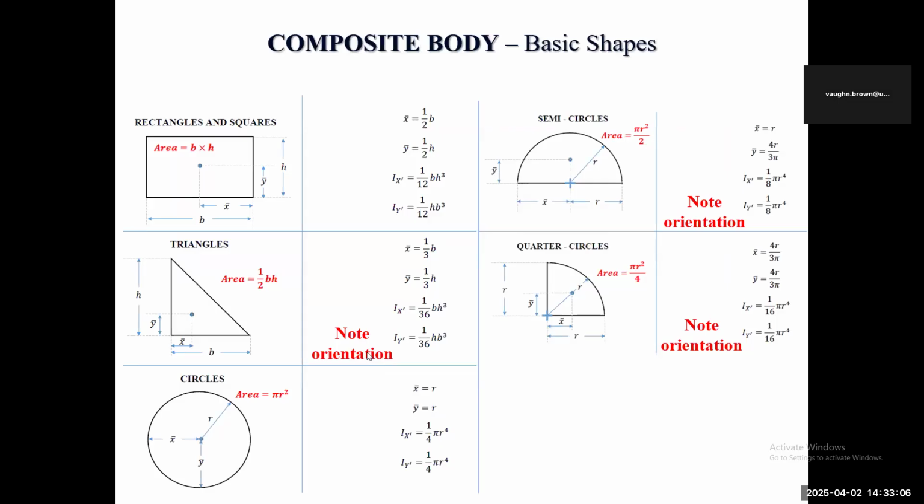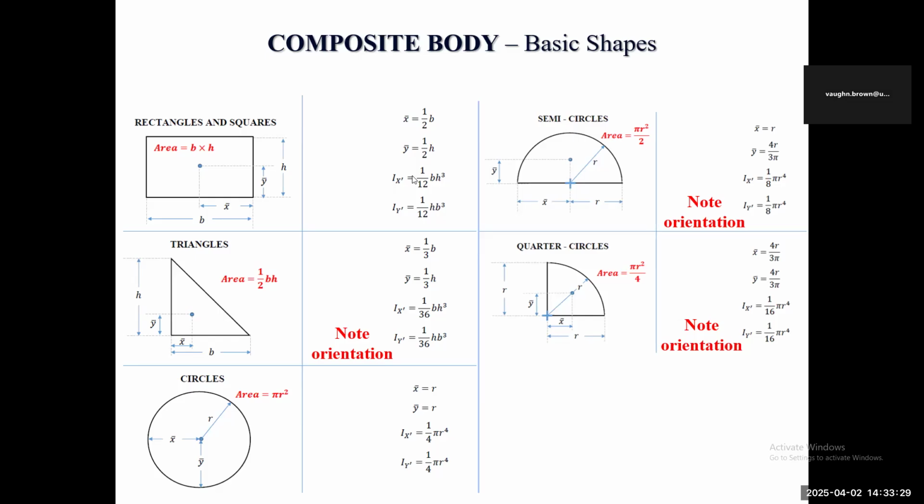You're going to get a sheet similar to this in the exam. In fact, it's going to be more comprehensive, about 2 to 3 sheets like these. This one will show you the X bar for the regular figure and the Y bar.